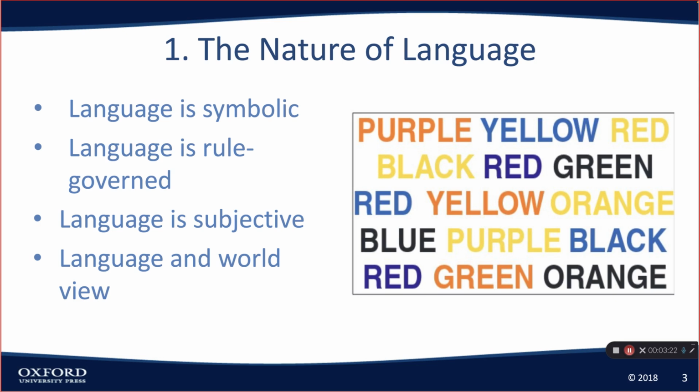Language is rule governed. They talk about some of the different rules, like the phonological rules, how words are pronounced. And then they talk about the syntactic rules, which is how the language is structured. The semantic rules have to do with what words mean.